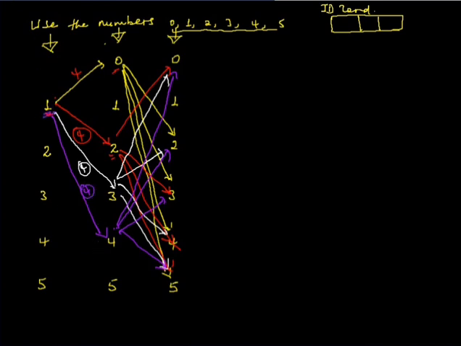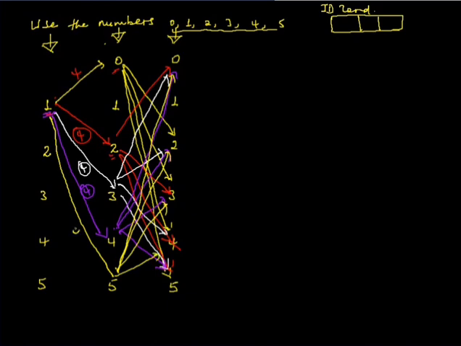I'm still continuing fixing 1 and using numbers. So let me take 1 with 5: 1 5 0, 1 5 2, 1 5 3, 1 5 4.